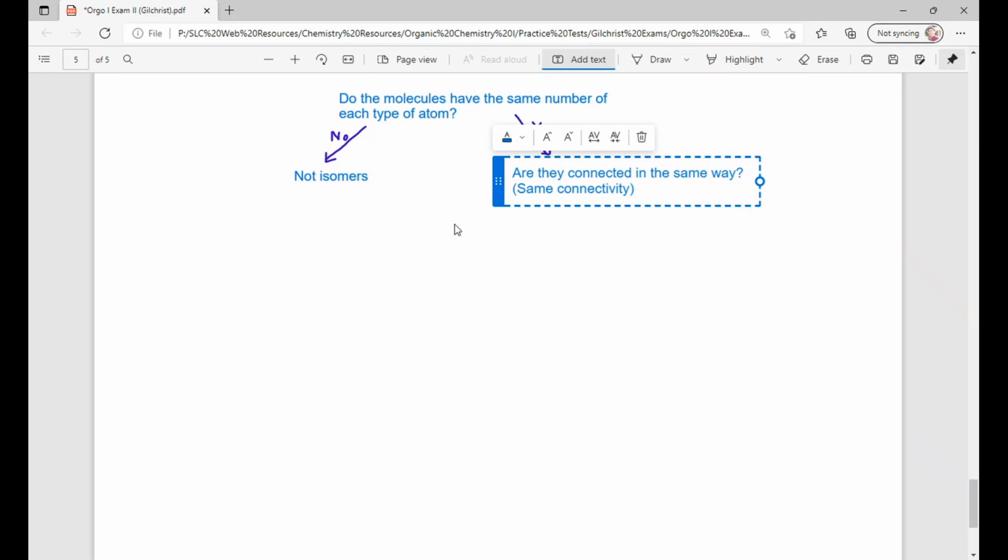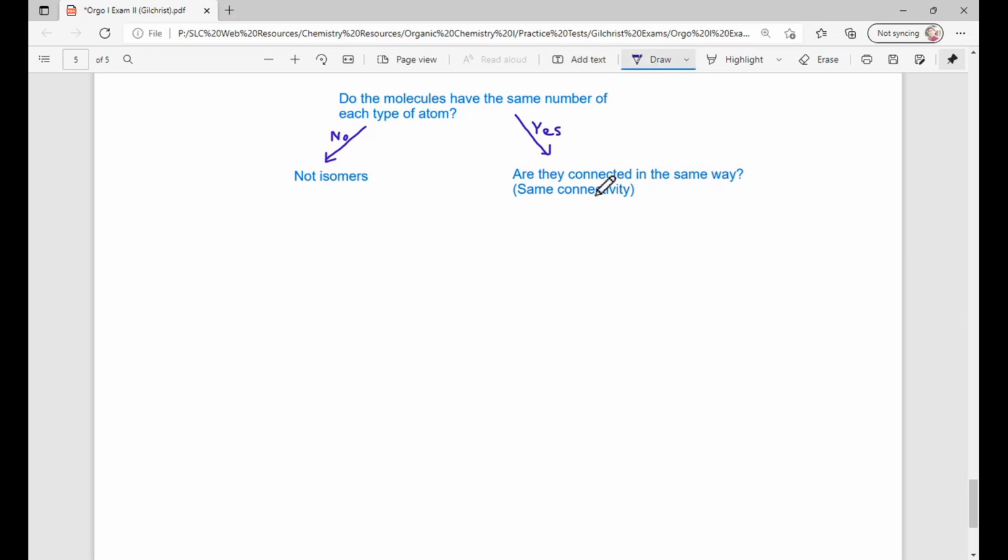In other words, would the methyl groups be attached to carbon number 2 and 3 in both molecules? If the methyl group for one is attached to carbon number 2, but the other one is attached to carbon number 3, in other words, if the answer is no, if they don't have the same connectivity, then they would be structural isomers or constitutional isomers.